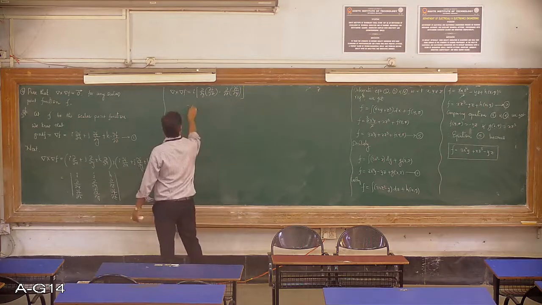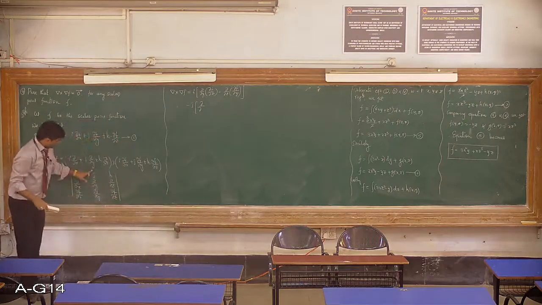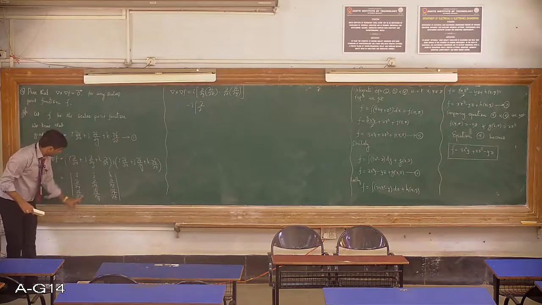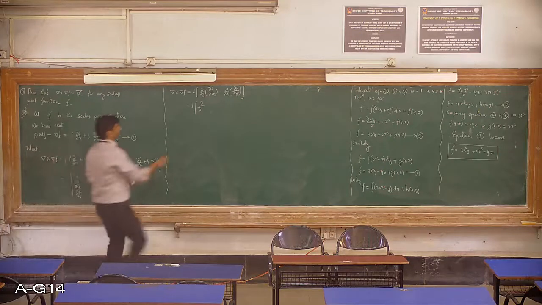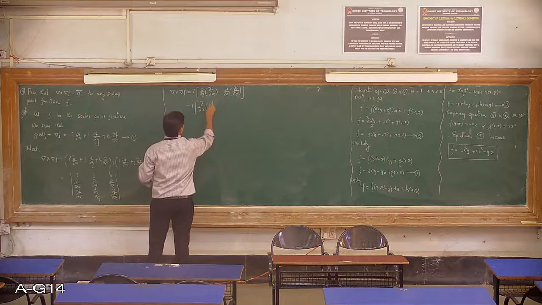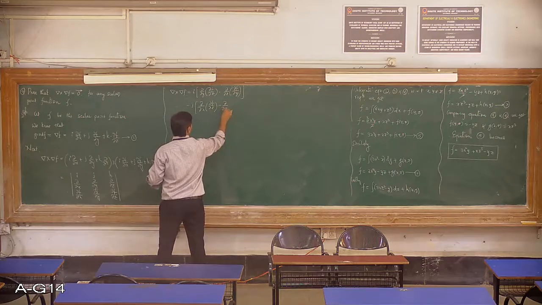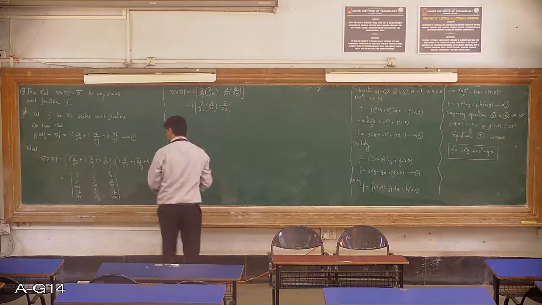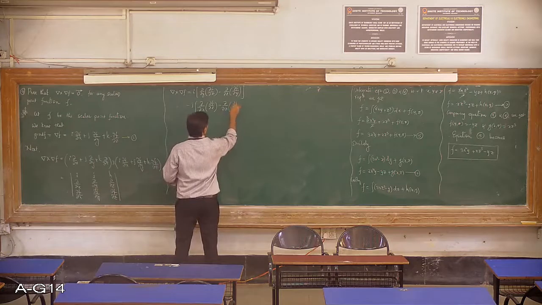Next minus j in the bracket, leaving the second column and first row: dou by dou x of dou f by dou z minus dou by dou z of dou f by dou x.